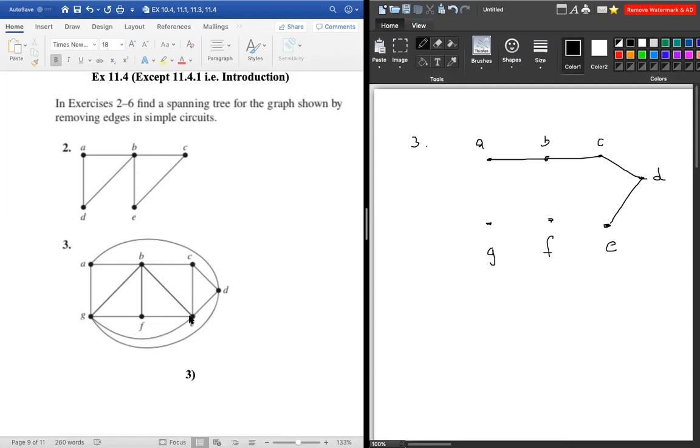Now I will need F here. I won't need this one because I can get to F using this one. I won't need this one either. So we don't need the BFH, we don't need the BEH, and we don't need the B and G edge here because I can reach all the nodes from here.